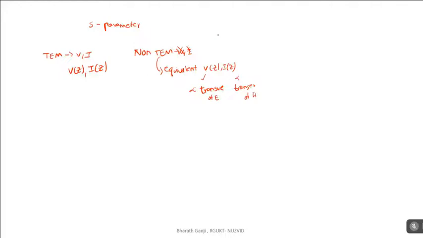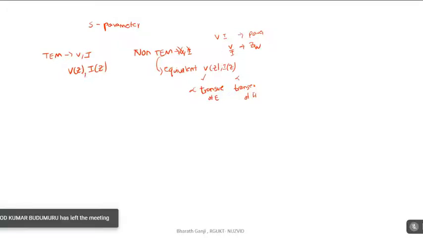The voltage and current product should be equal to the power carried in the waveguide by this non-TM wave in a particular direction, and the ratio should reflect the wave impedance of whatever non-TM wave is traveling. This is how we define the equivalent voltage and currents. For every different mode, we have to define a different equivalent voltage and current. This is what we have seen in the last class.